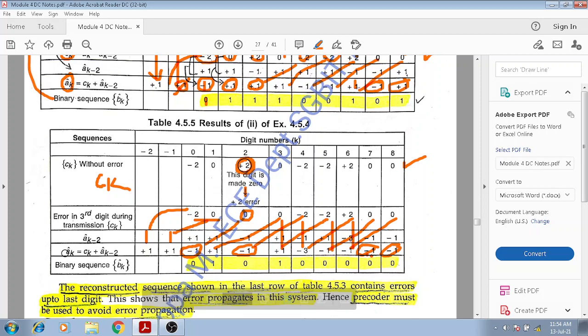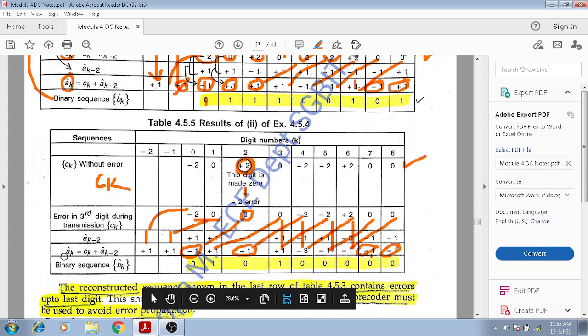Now from this two level sequence, you again estimate your binary data sequence bk dash using the decision rule. What the decision rule says is, if the estimated sequence ak cap is less than 0, then the output bit is 0.